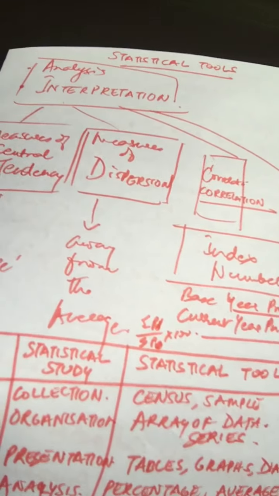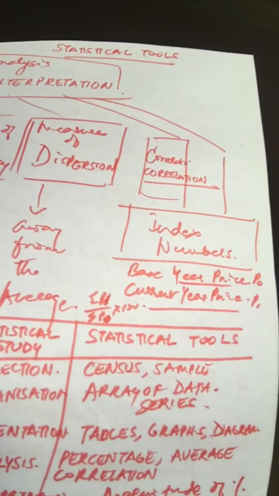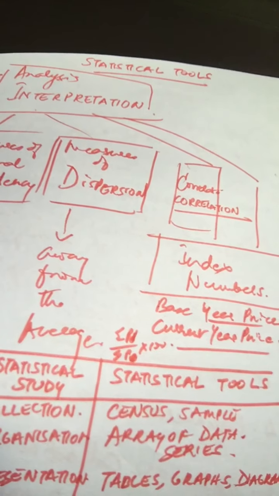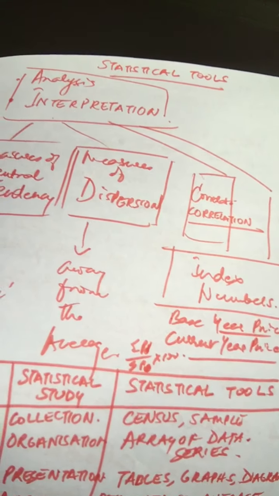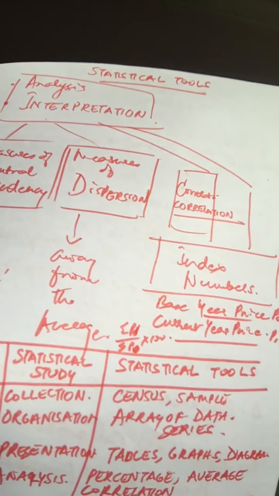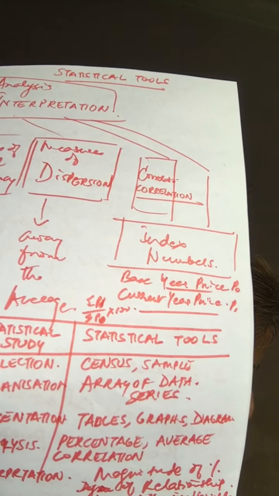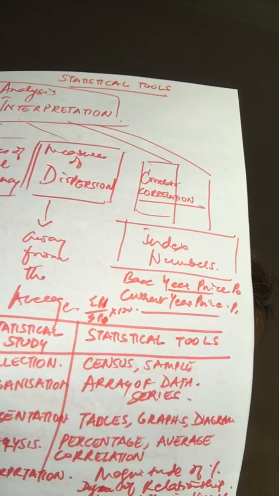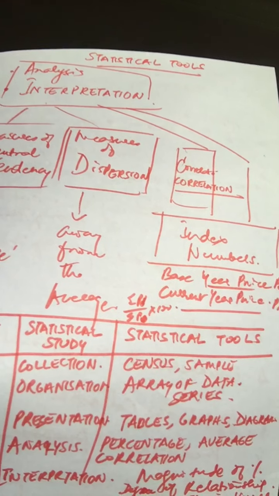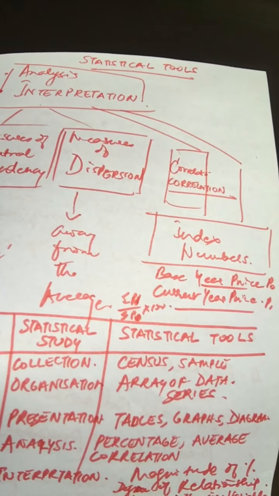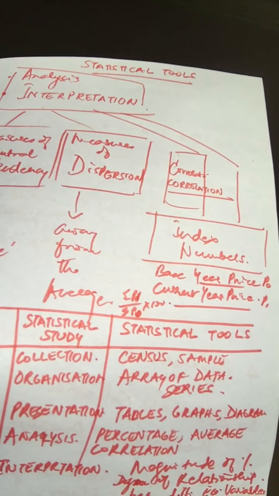Then we have measures of dispersion, how far away it is from the average, so we bring the extreme values into view. And then we also talk about correlation. That means we have done scatter diagrams, as when we were doing the law of demand and law of supply in microeconomics.